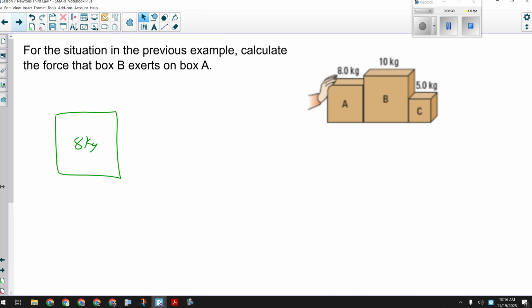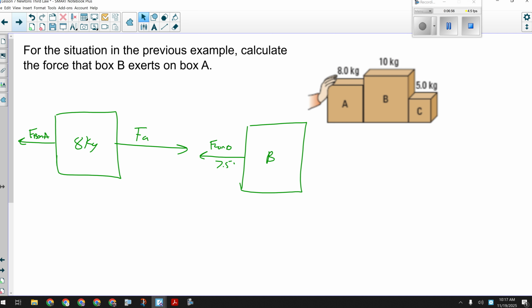So this is box A, it's 8 kilograms. That's the force applied from the hand. This is the force they want us to find, force of B on A. And then we have box B. We know this force now because we calculated it. The force of C on B is 7.5 newtons.